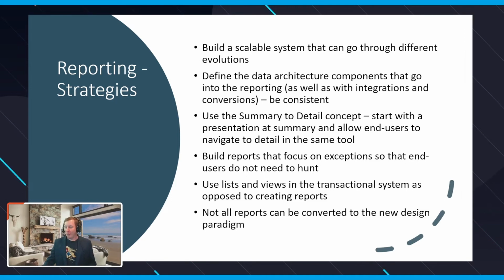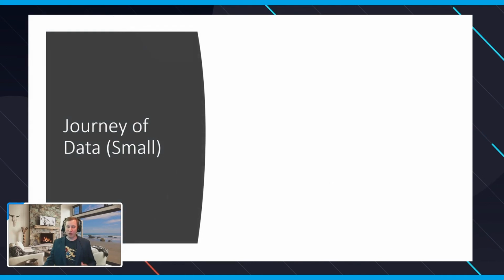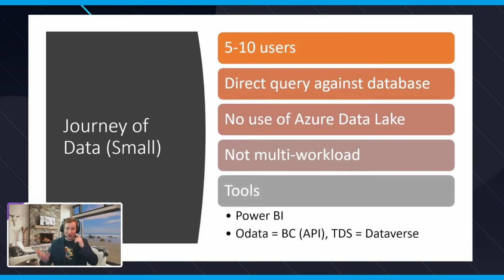For the evolution here, I want to show this just really quickly because I think this will get your guys' minds spinning a little bit more on really this journey of data. So if I'm a small organization, like 5 to 10 users, for example, I may directly query against my database for reporting. I may not use Azure Data Lake at all, and that's perfectly valid because I don't even have multi-workload. And really, all I'm going to use for tools is Power BI that I'm going to point directly to Business Central or Finance and Operations, or maybe even Dataverse to drive my reporting requirements.